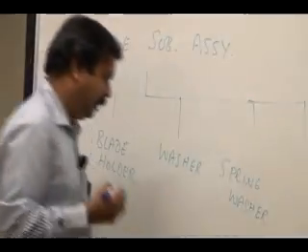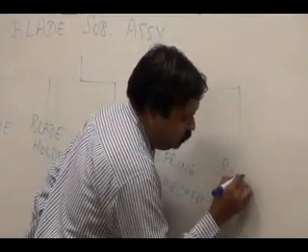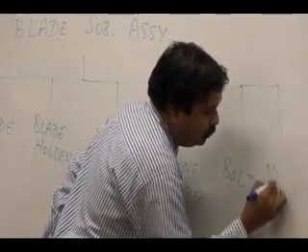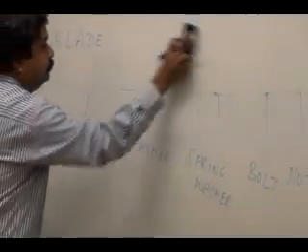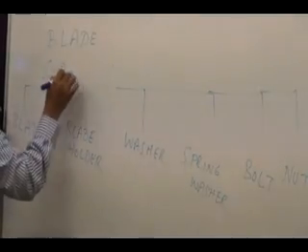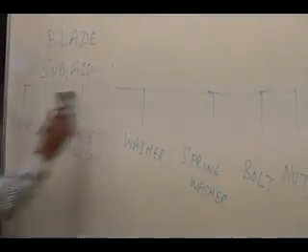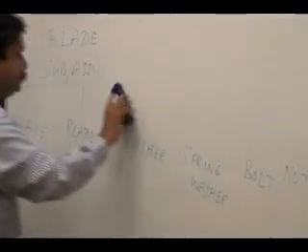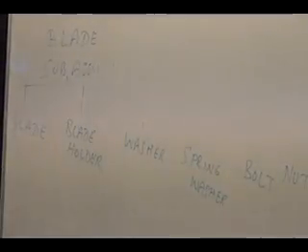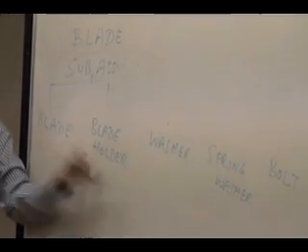So these are all the parts that go in. Wait a minute. The blade sub-assembly consists of a blade and a blade holder.